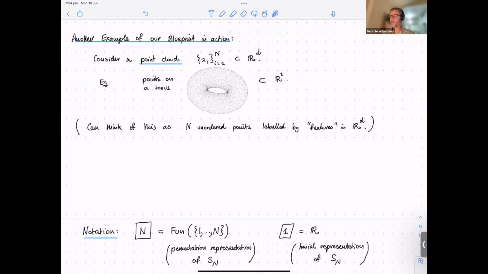In this particular case, we have a point cloud, like the birds earlier, and we would like to make some kind of prediction based on this point cloud. There are many, many situations in machine learning where such a prediction is necessary. You have a large number of points, but their ordering does not matter.